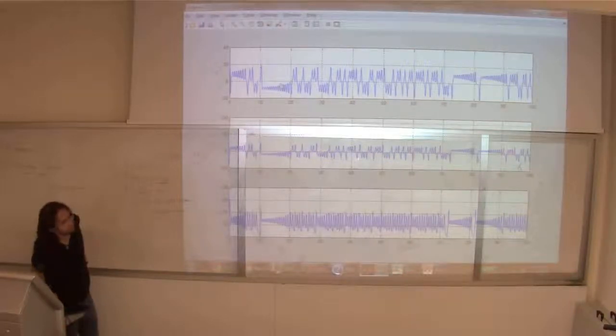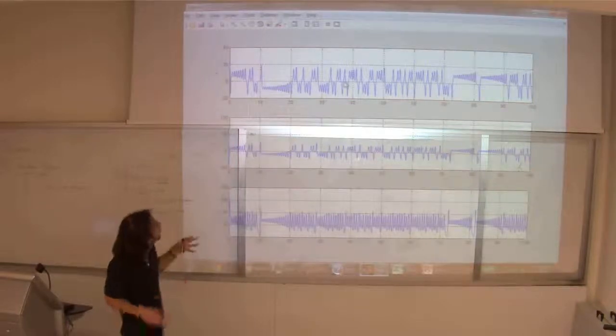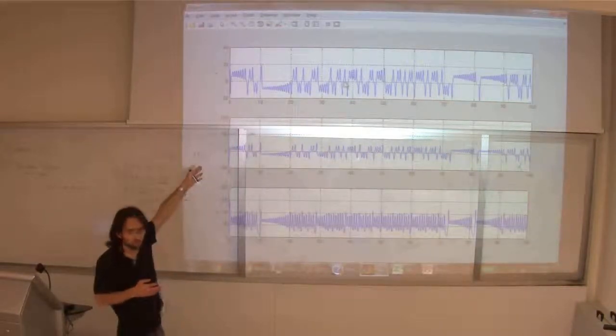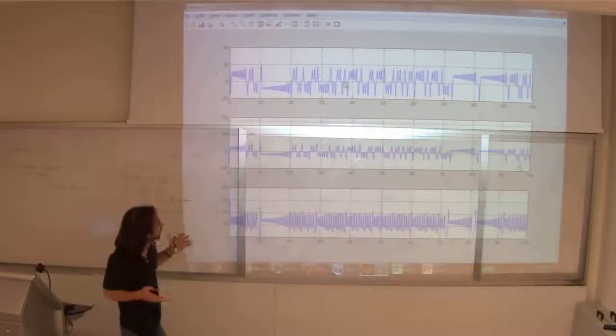And this behavior is non-periodic. Lorenz looked a lot for whether there is any order in this, but there is none apparently.